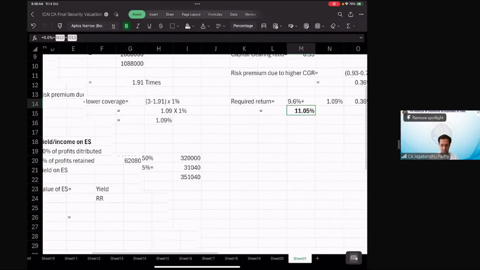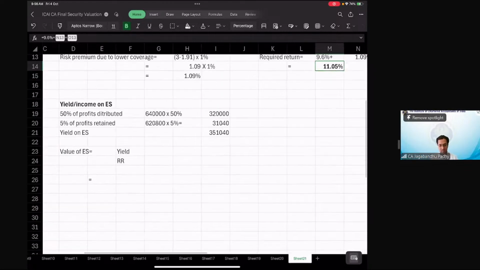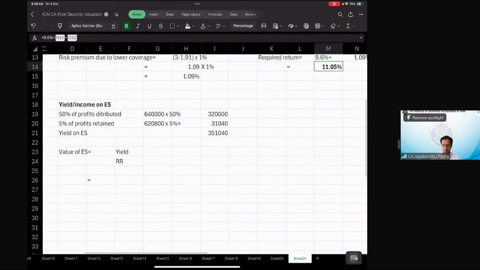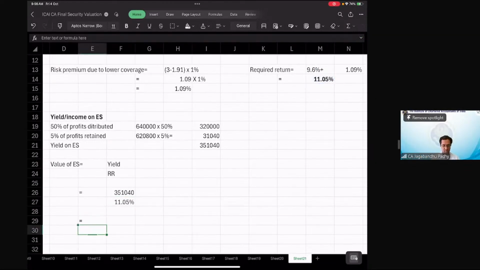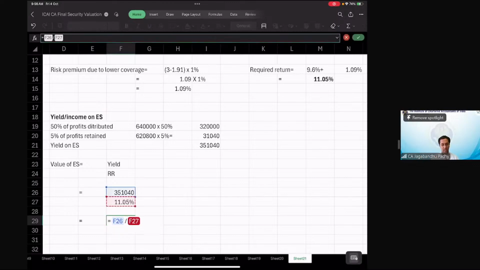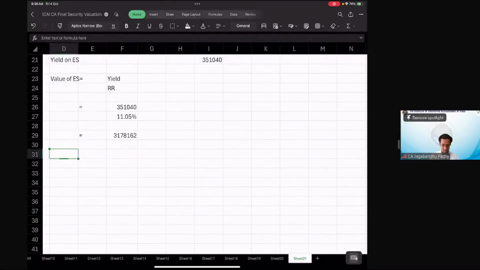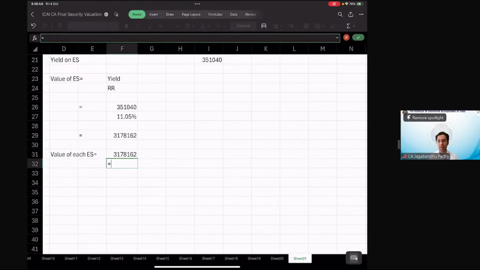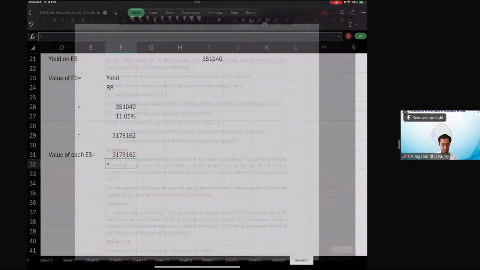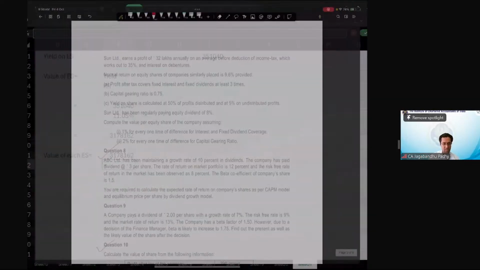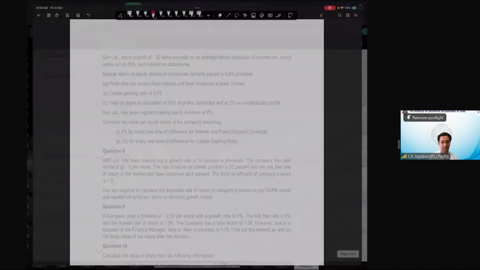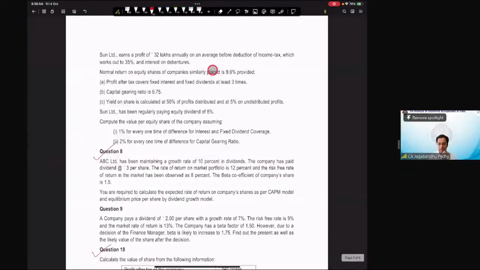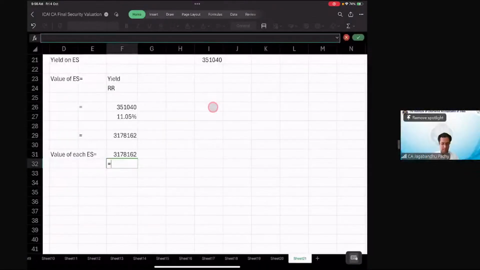So the value of equity shares will be, of course, 3,51,010 divided by 11.05%. That gives us a value, right? What was the number of equity shares we had? 80 lakh divided by 100.